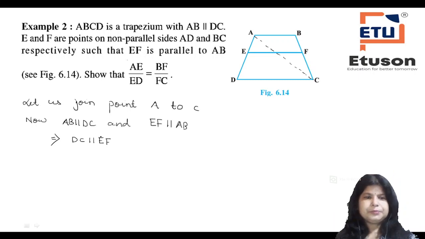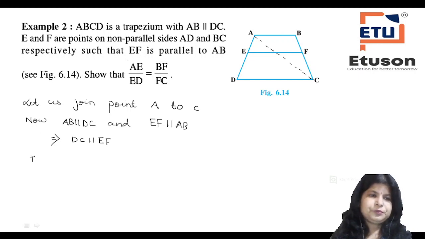Correct? So now, after joining point A to C, you have obtained two triangles, triangle ADC and triangle BAC. Correct?